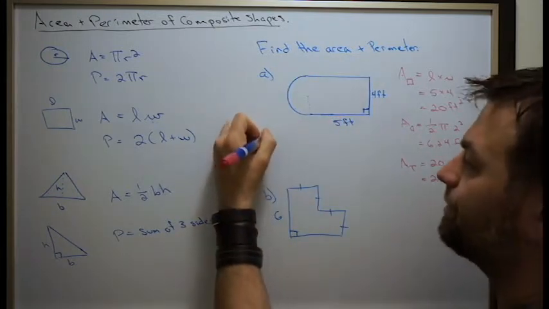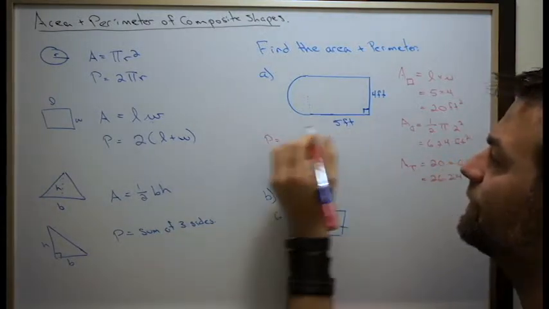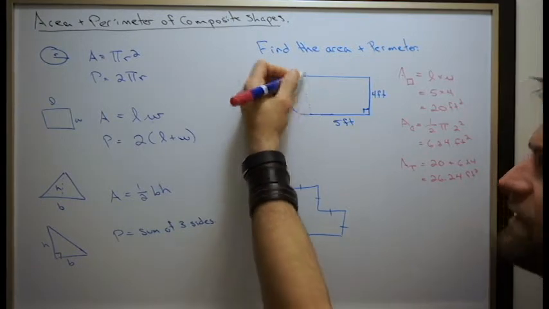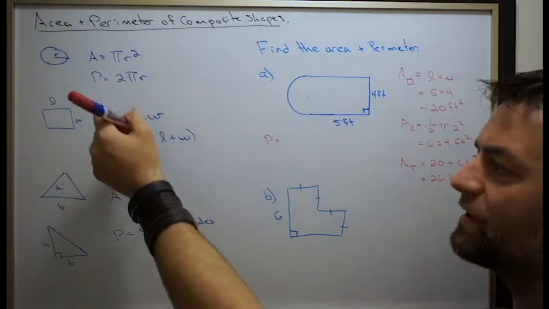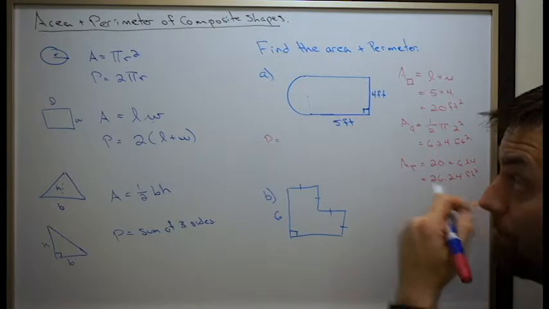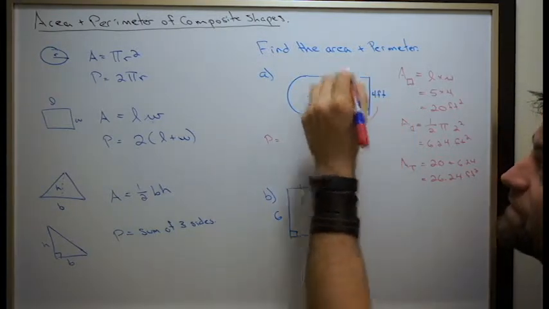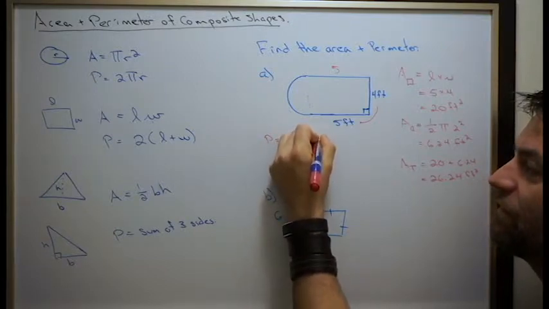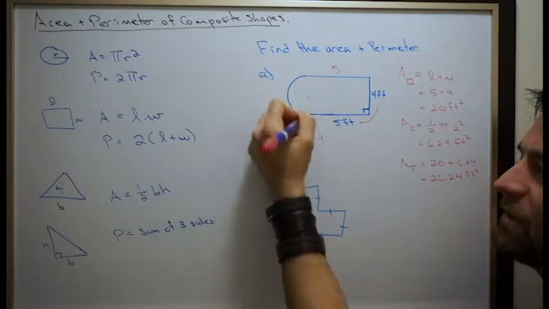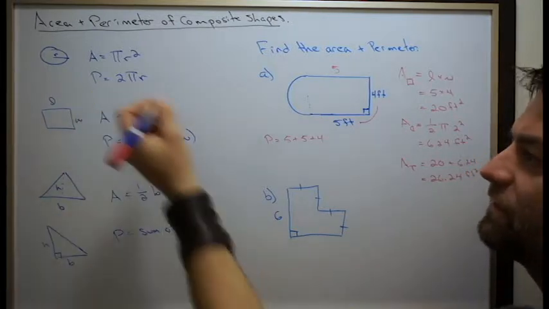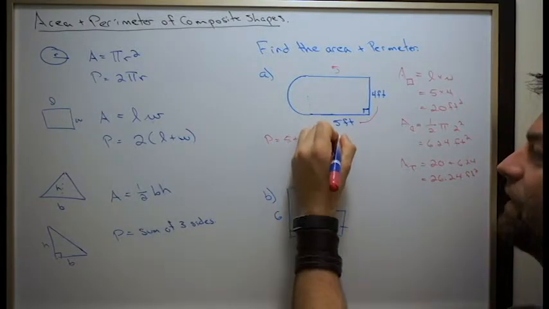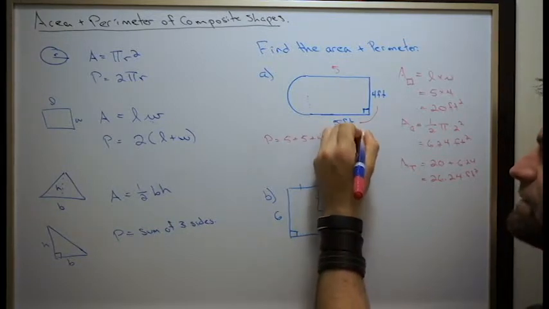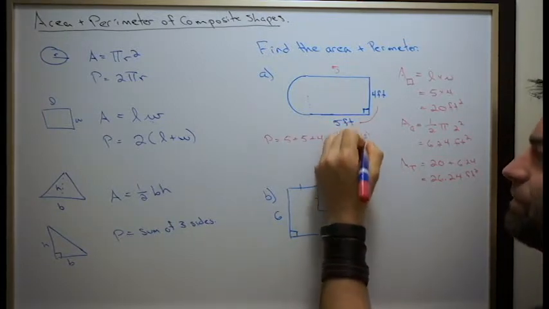Now for the perimeter, it's equal to, not the whole rectangle, because we don't have this portion of the rectangle to add in, so we can't use just our regular 2LW. So we're going to have to just add up these two. This is going to be a 5, so we have 5 plus 5 plus 4, and then we need the perimeter of half the circle. Well, the perimeter of a circle is 2 pi r, so we're going to add on 1/2 times 2 times pi times that radius, which is 2 again.